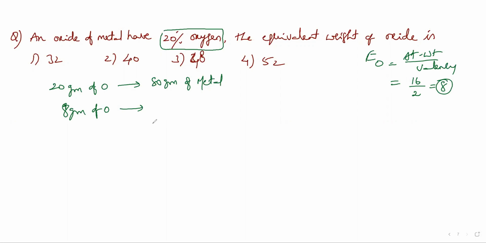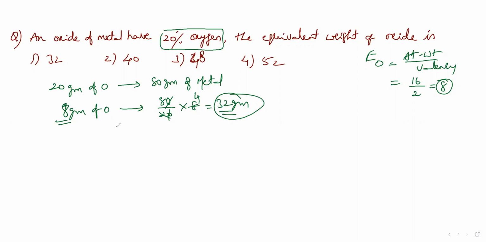Then 8 grams will be present in, cross multiplying, 80 by 20 into 8. The zeros cancel, 64 divided by 2... 4 times 8 is 32 grams. So that means the metal is 32 grams for 8 grams of oxygen, right?